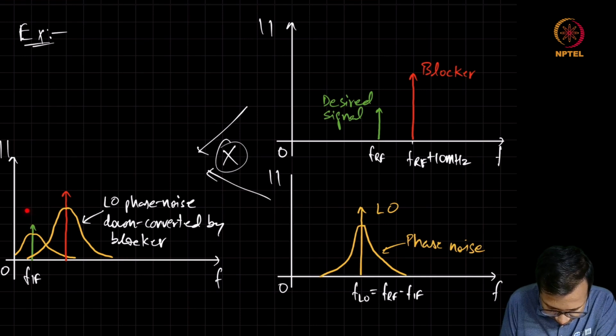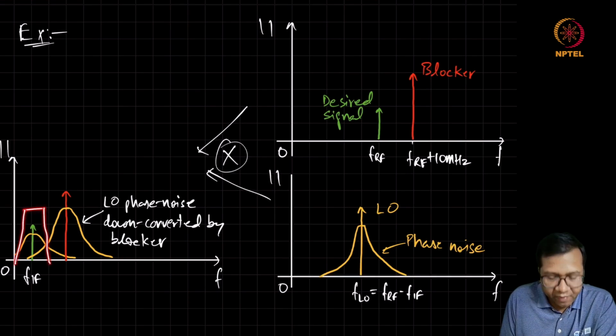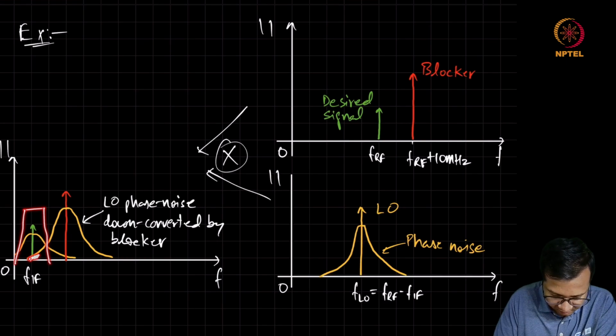So even though we can filter out the blocker, there is this component of the LO phase noise down converted by the blocker which is going to appear at FIF, as a result of which it is going to degrade the SNR of the desired signal.